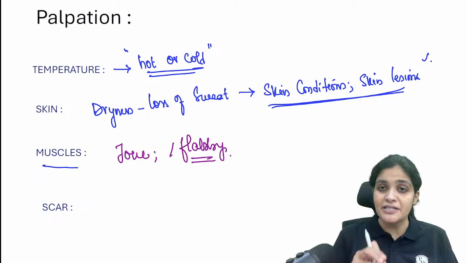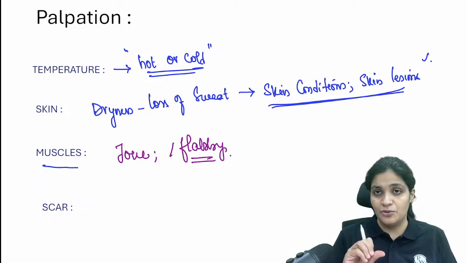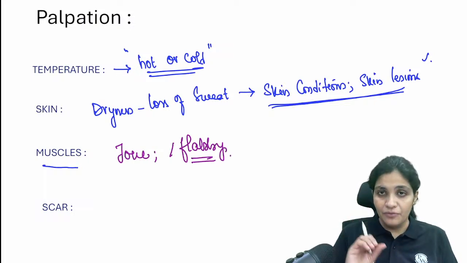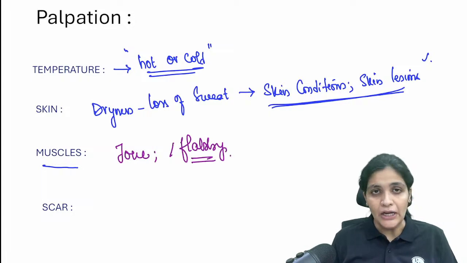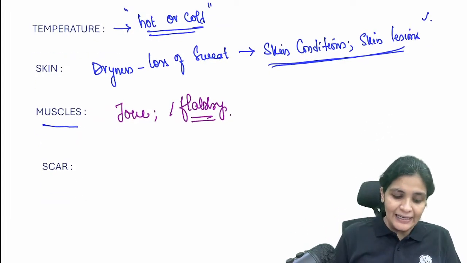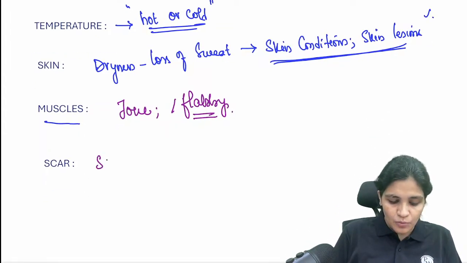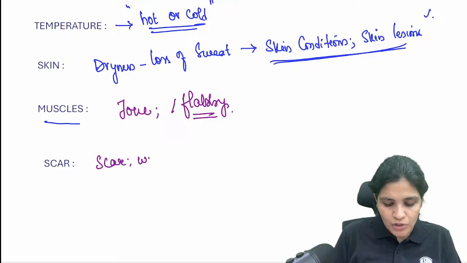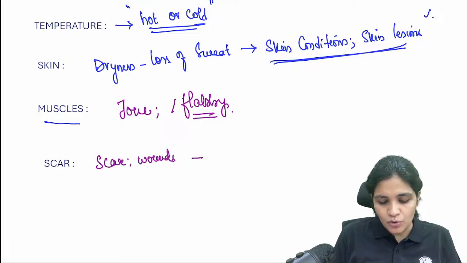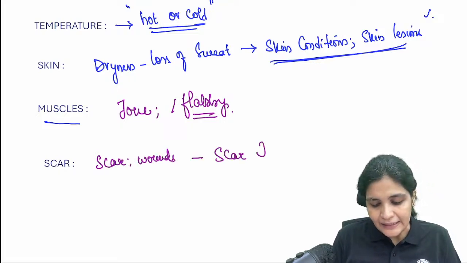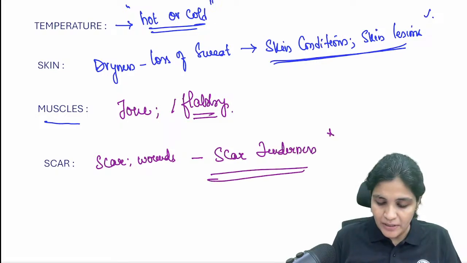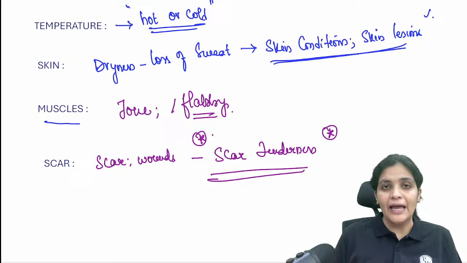Here you actually touch the muscles and feel the tone, whether they are good or look flabby. That is called the tone of the muscles. And then again, I've told you about the scar. You will see any scar or wounds present around, and also look for scar tenderness. The scar tenderness also you have to document. So this is about inspection and palpation.